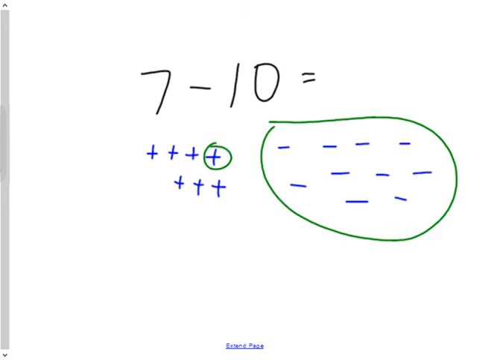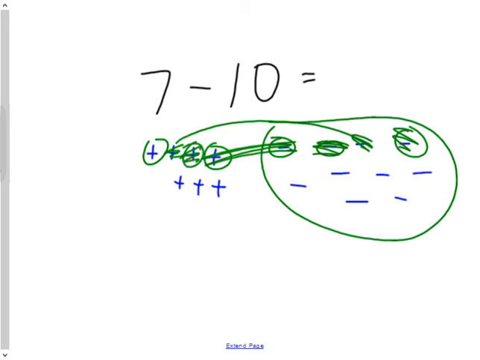Each of the positives and negatives cancel each other off. This one cancels off this one, and this one will cancel off that one, etc. I'm going to do 3 at a time because I'm a crazy person. These 3 with those 3, and what's left is 3 negatives. So this is negative 3.